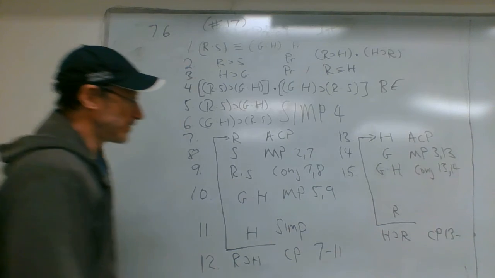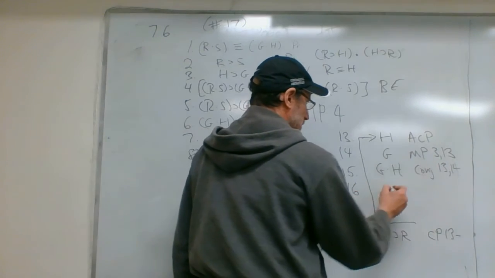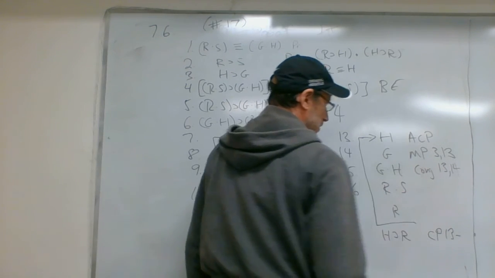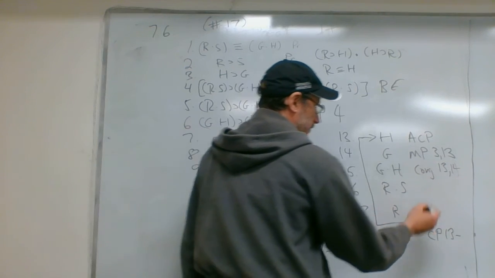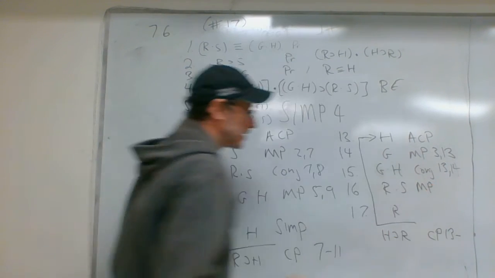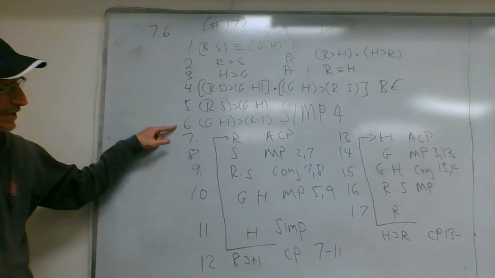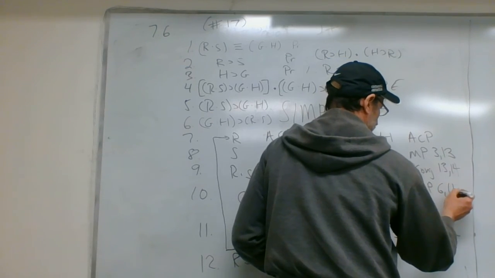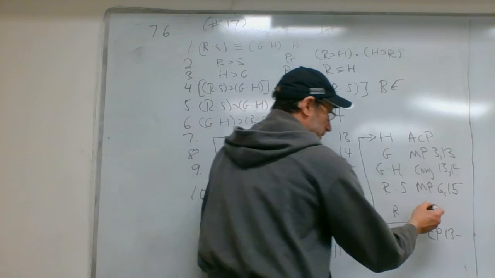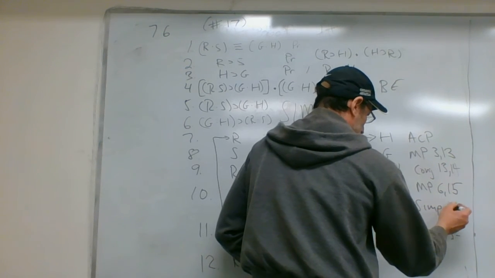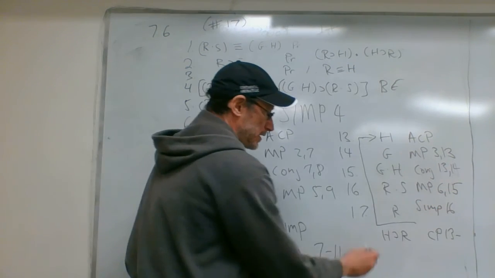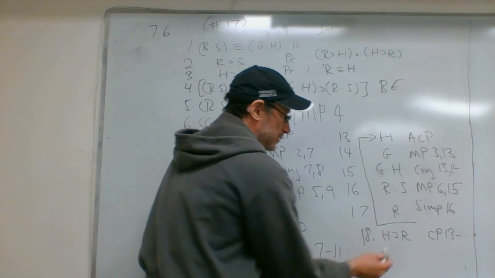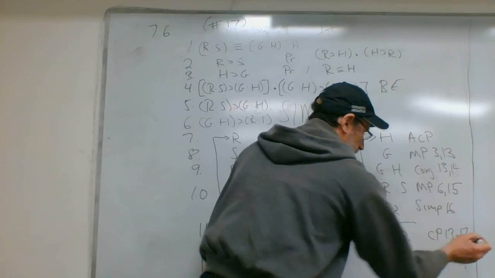And now we're going to have R dot S. And now we're going to have, this would be modus ponens on 6 and 15. And then a simplification on 16 to get R. And now we have 18, H horseshoe R, CP 13 through 17.